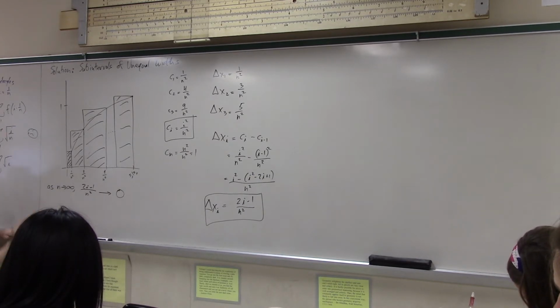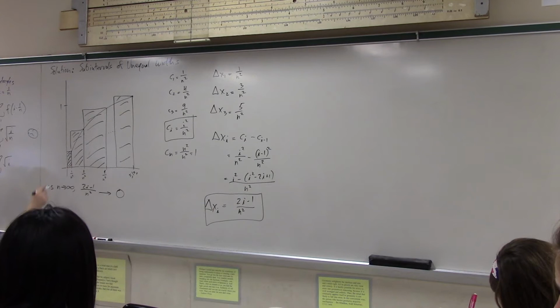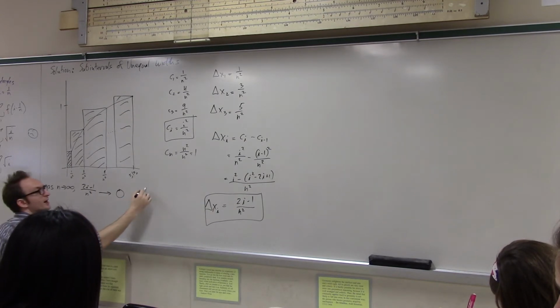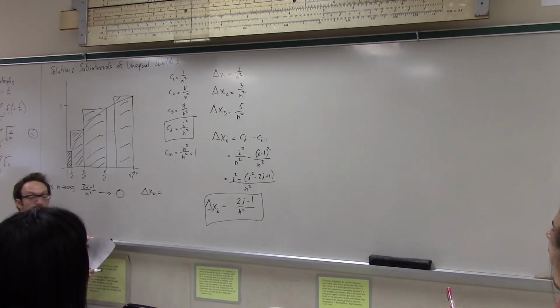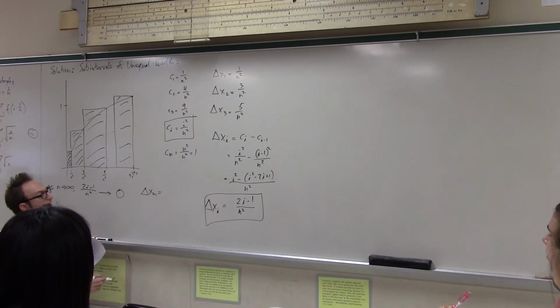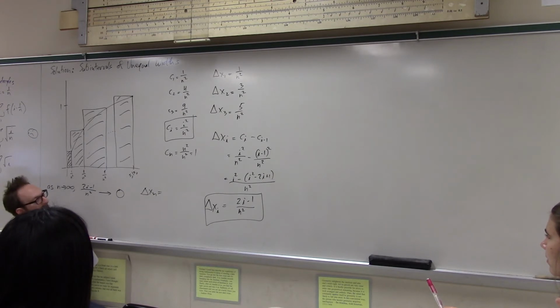One more thing, what's the widest rectangle? The last one, right? And actually, what is the width? What is delta x sub n, the width of the widest rectangle? No, careful. It's not going to be 1. The last one would be the whole thing, right? Can you just plug it in?